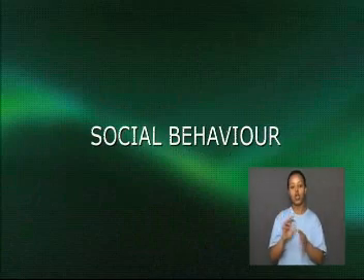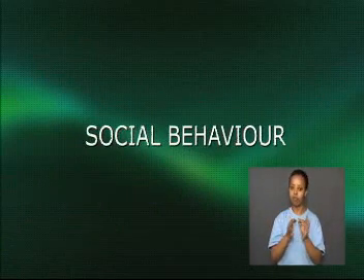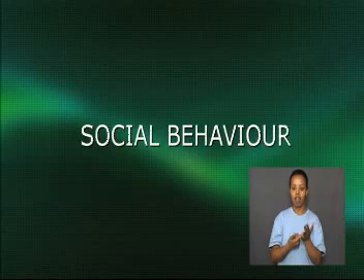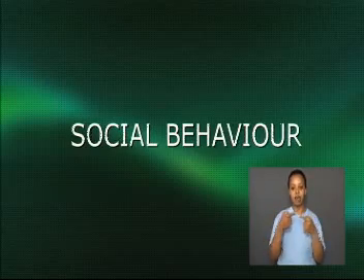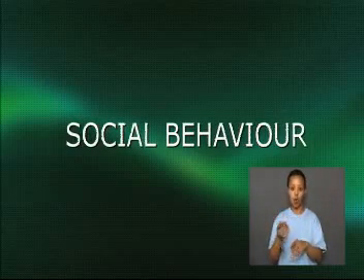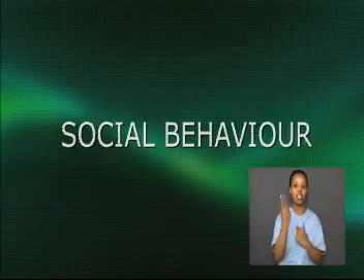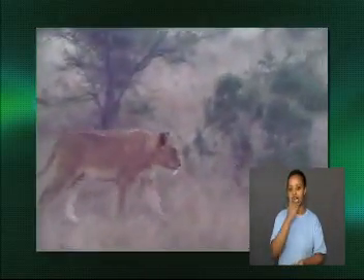Social behavior is defined as interactions among individuals, normally within the same species, that are usually beneficial to the group. It is believed that social behavior evolved because it was beneficial to those who engaged in it, which means that these individuals were more likely to survive and reproduce.